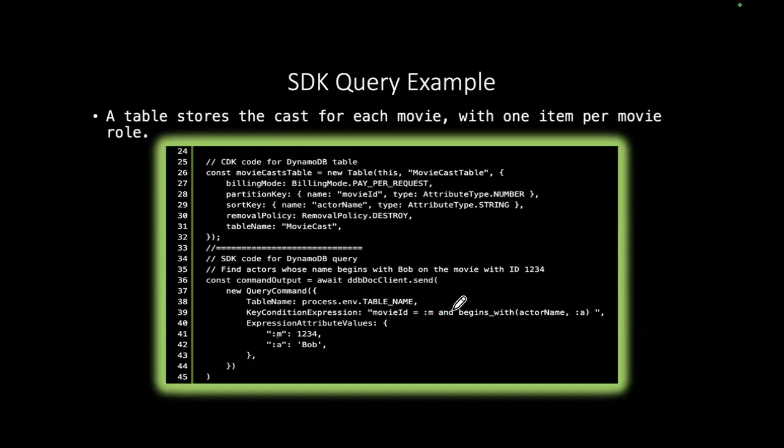And when we talk about item collections, in other words, you're getting all of the cast members for a particular movie. And we know that's all going to be stored in one partition and all that stuff. So this is how we program a query request using the SDK, the JavaScript SDK.